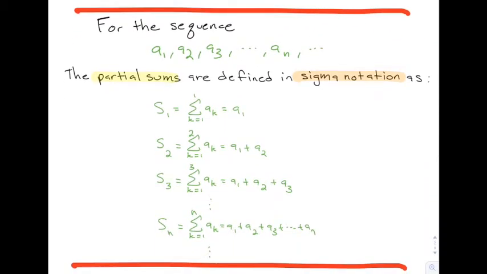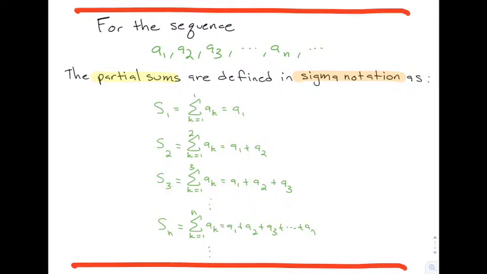We can also write any partial sum S1 through Sn using sigma notation. It's much more convenient and much shorter to write a partial sum in this way. So for the sequence A1, A2, A3, all the way up to AN and beyond, the partial sums are defined in sigma notation as S1 equals the sum of AK from K equals 1 to 1 equals A1.